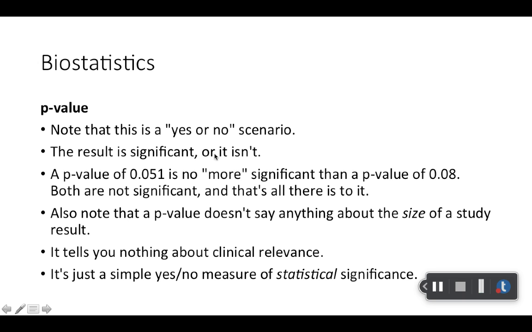So it is a yes or no scenario. The result is either statistically significant or it's not. It's like an on or off light switch. And then a p-value of 0.051 is no more significant than a p-value of 0.08.